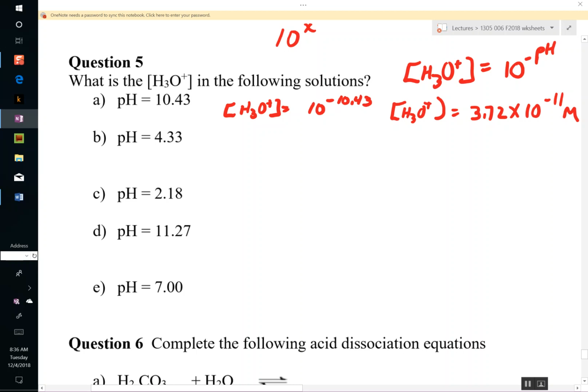I think I know what you did. Clear your calculator. Okay, now type in 10.43. Change it to a negative.